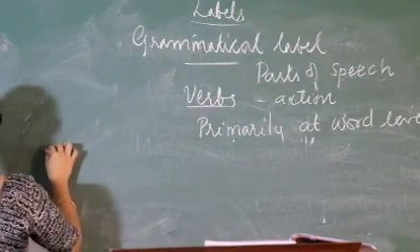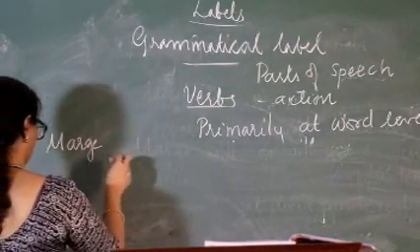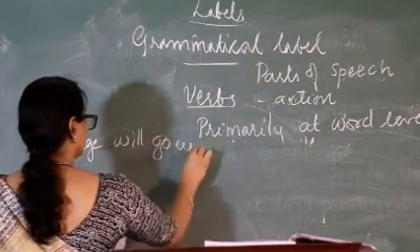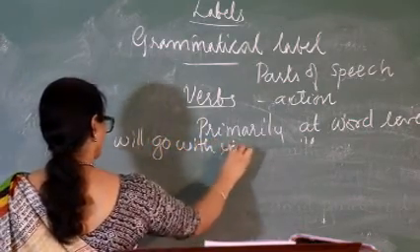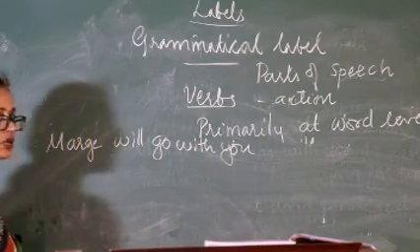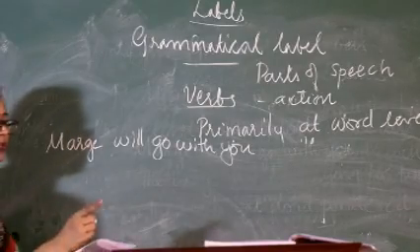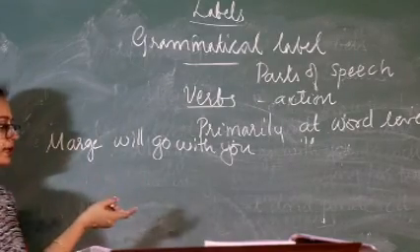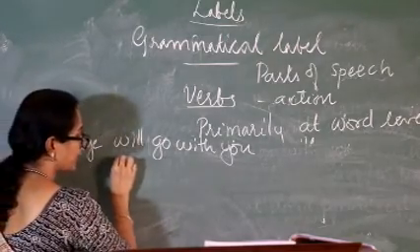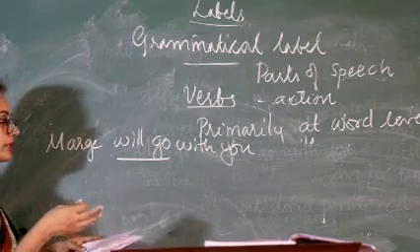Now, Marge will go with you. You have this auxiliary; auxiliaries and modals are also verbs. They are the helping verbs, as you call them, and they are also part of verbs. So "will" and "go" are verbs here.